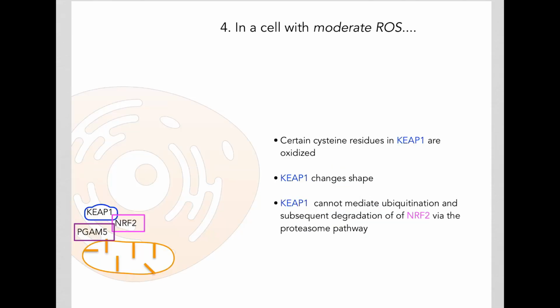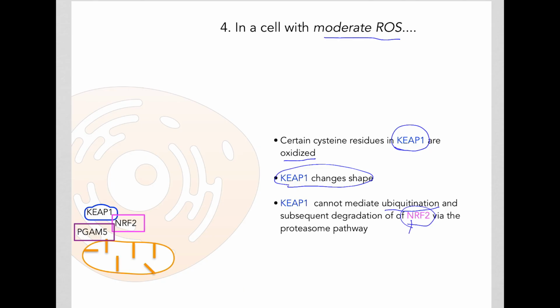Now, in a cell with moderate levels of ROS, the shape of KEAP1 will change as some of the cysteine residues get oxidized. So this change of KEAP1 shape is going to affect its function. Now it cannot mediate the ubiquitination of NRF2.